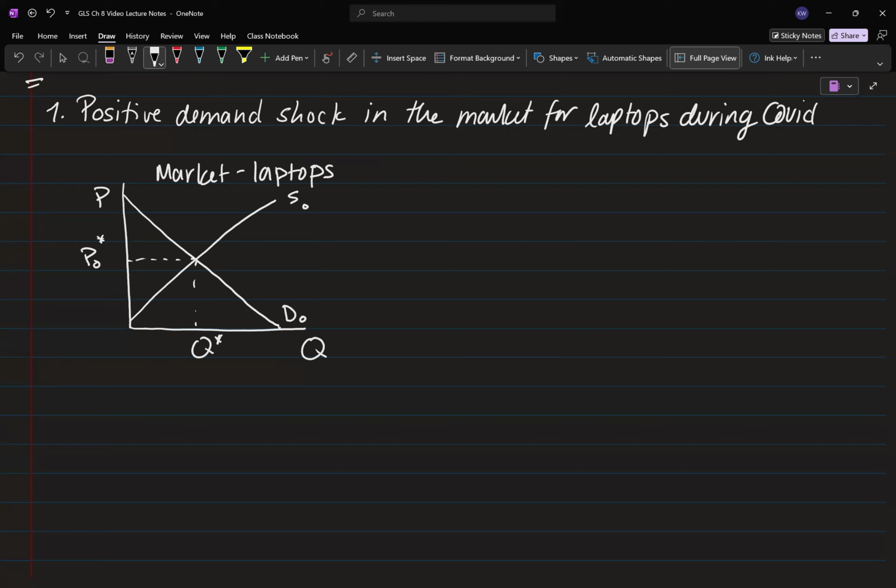Where supply and demand intersect is going to define the market price. And that's going to define for the representative firm where their demand curve is.